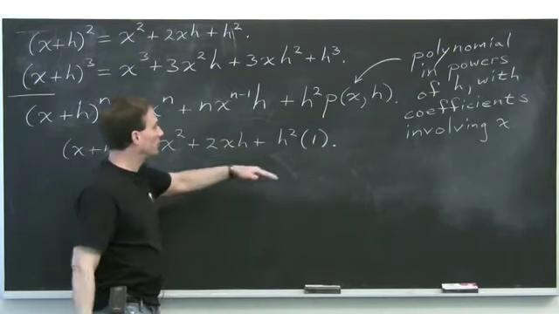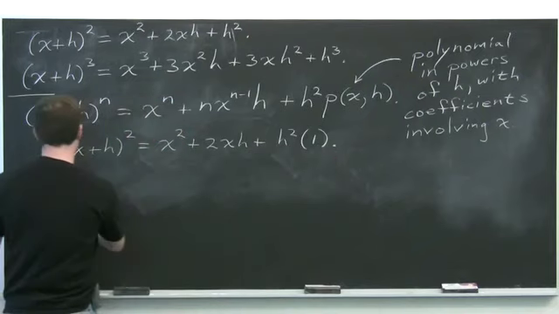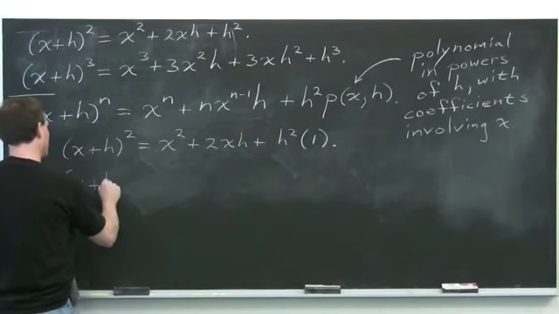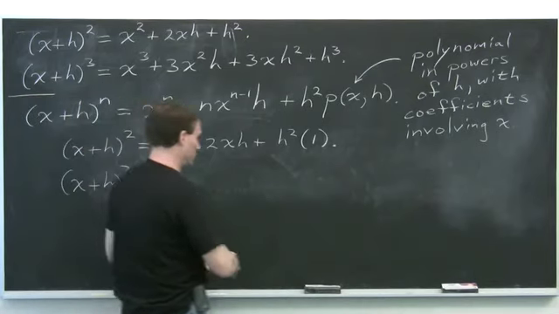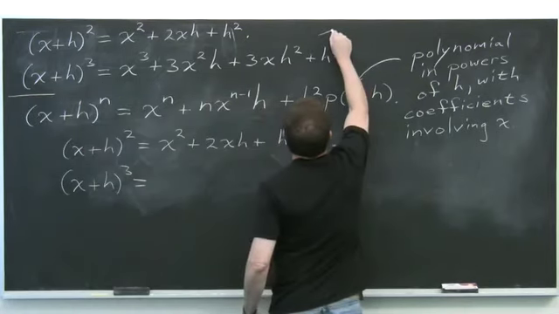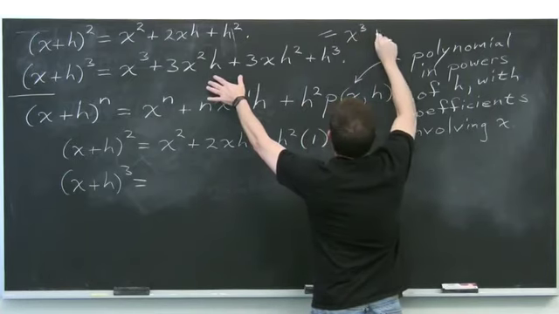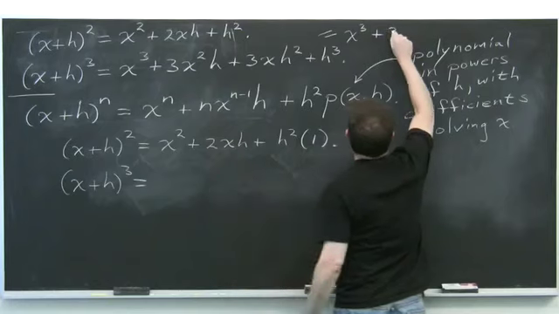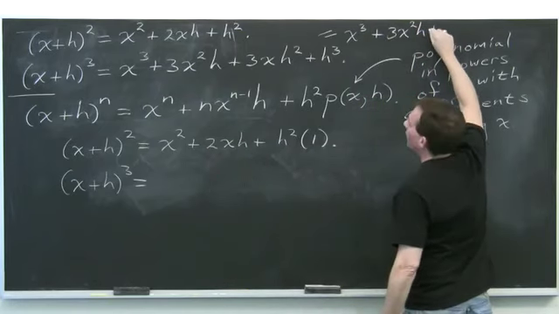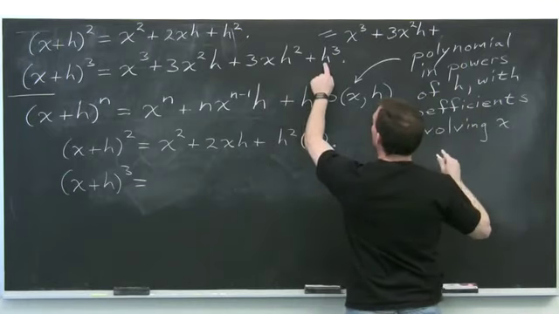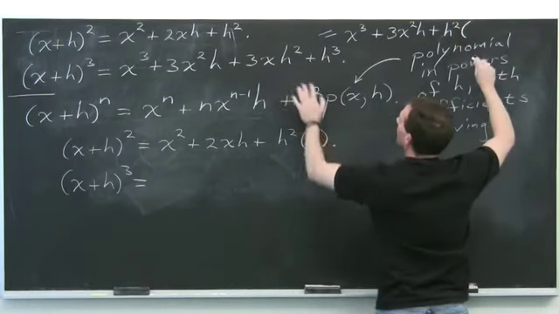So when n is 2, this function, p of x, h, would be the constant function 1, which is kind of boring, but for x plus h cubed, then what we see up here, actually I'll just write it up here, you get the x cubed plus you get the 3x squared h plus, and then if you factor an h squared out of here and here, you get plus h squared times 3x plus h.